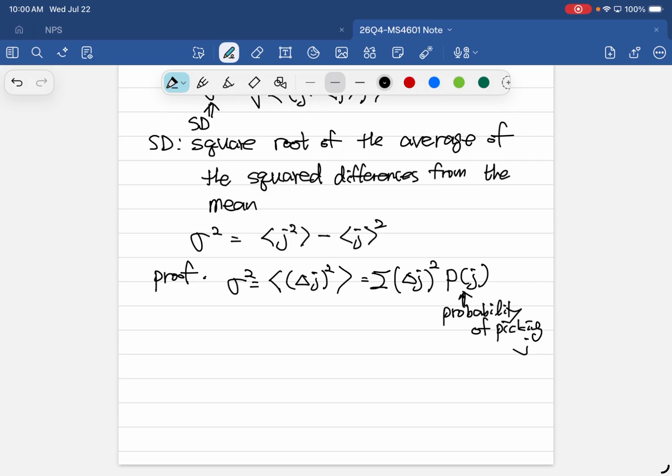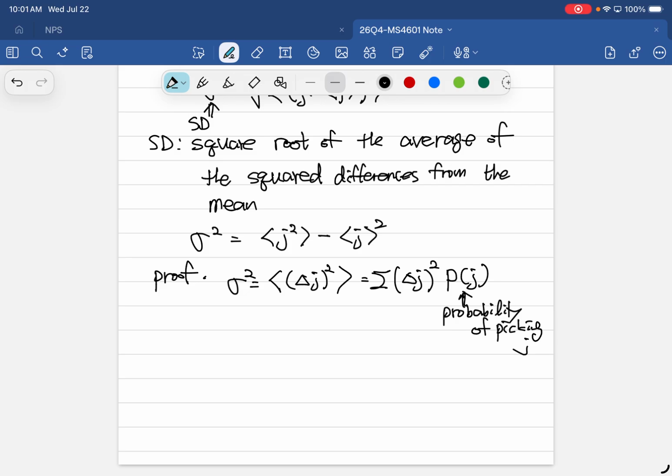Let's get started. So, what we have been focusing on is to evaluate average or expectation and the standard deviation. Why is that? Because if we solve Schrodinger equation and then obtain physical quantities, such as energy, momentum, velocity and location, it turns out they are not going to have fixed values. They are going to have some probabilistic distribution.